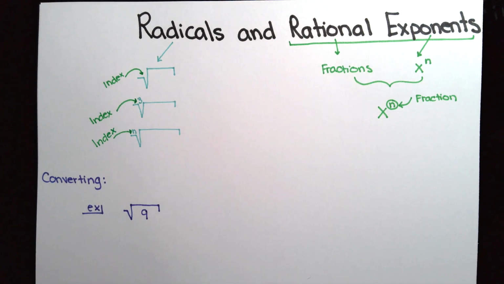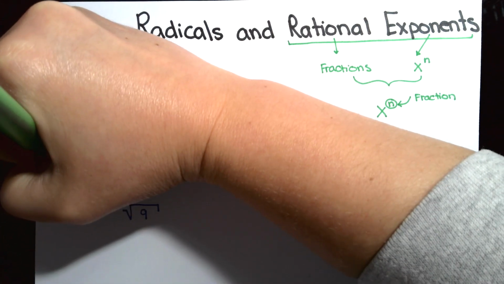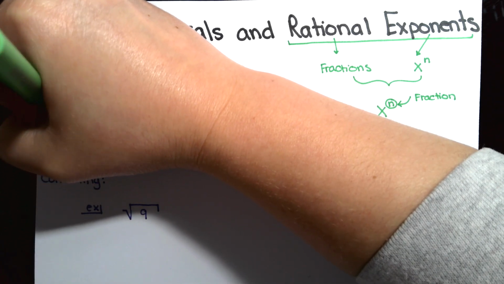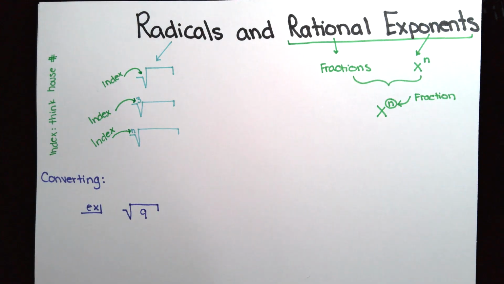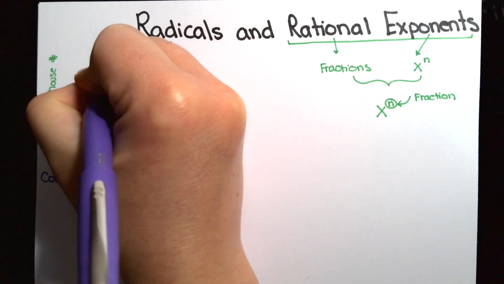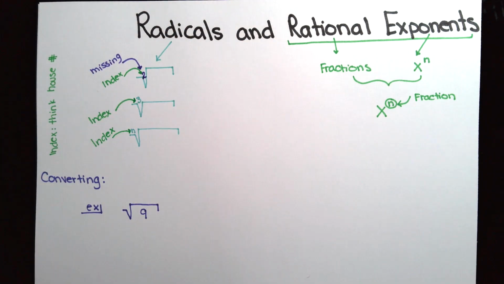What I like to refer to an index as is the house number. So if you have a house, the number of your house is your index. If you don't see an index, that means mathematicians are lazy. And we do, yes, have an index. And that index is 2.